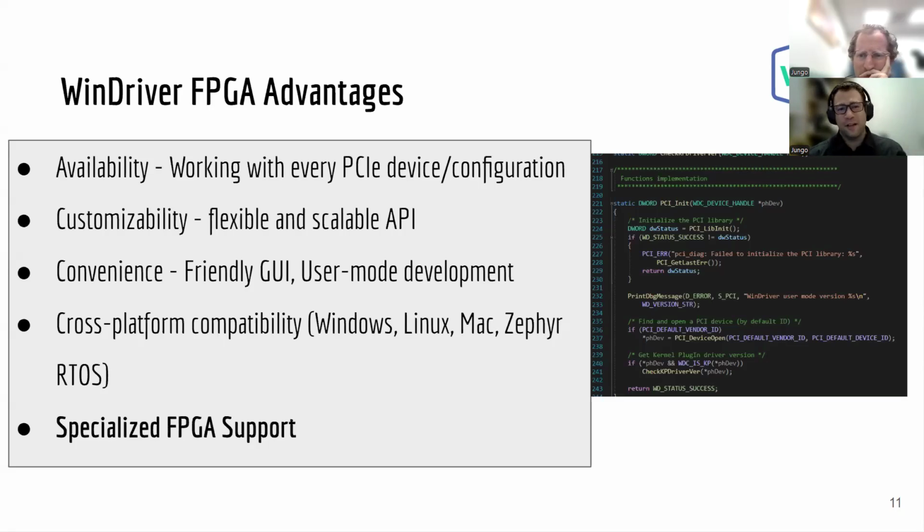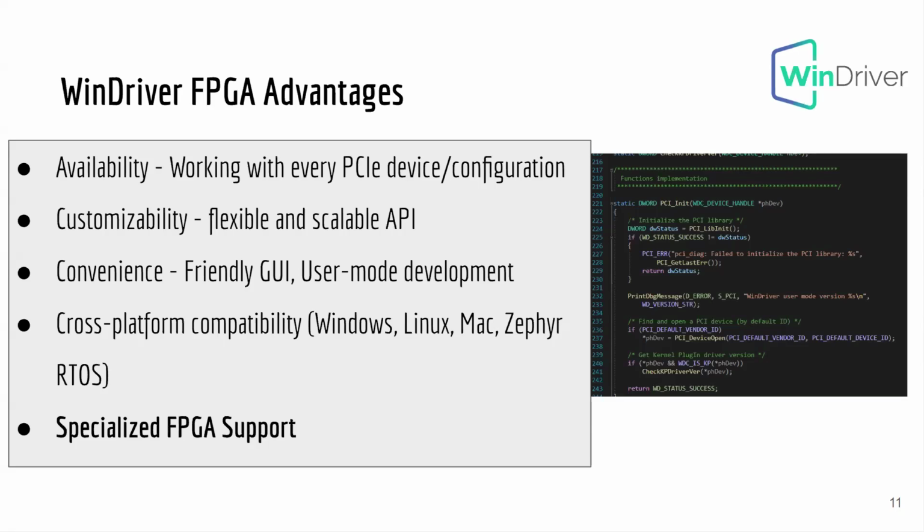Whether you're using Altera, Xilinx, Microsemi, Lattice, or any other vendor on the planet, or even if you're building something from scratch, as long as it identifies as a PCI or PCIe device, WinDriver will be compatible with it. So that is first and foremost one of the major hurdles that you avoid by using WinDriver.